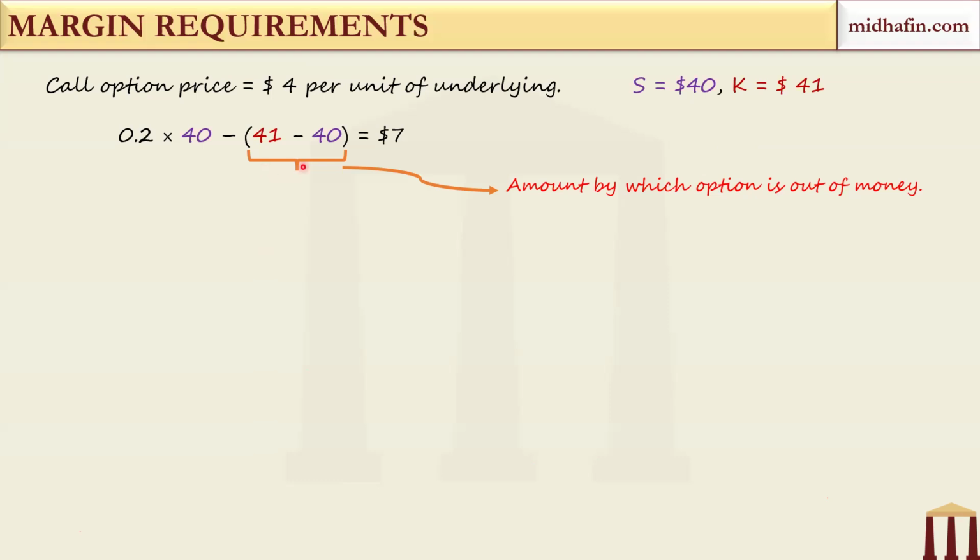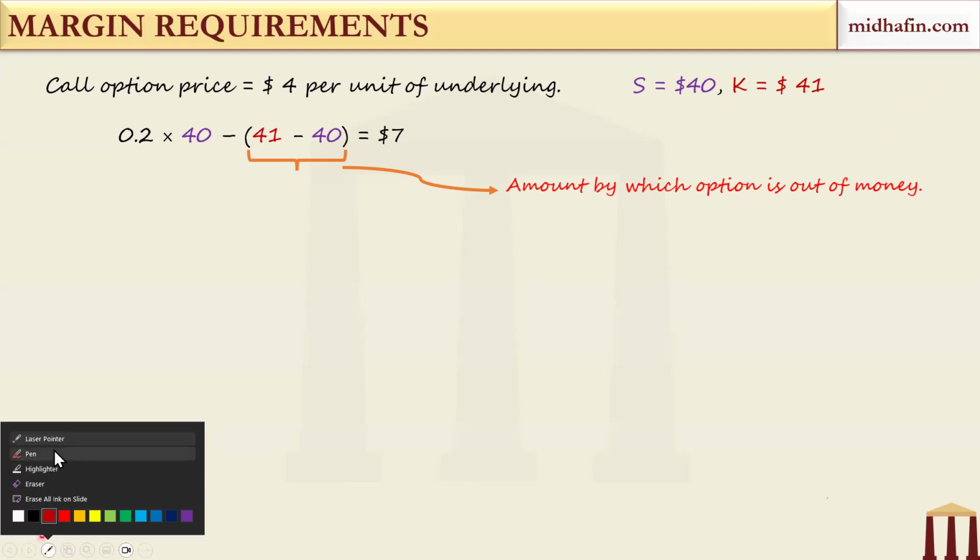So this is a safety cushion for the short position. The option is out of the money by $1. If the stock price moves up by $1, it will be at the money, and after that it will be in the money.